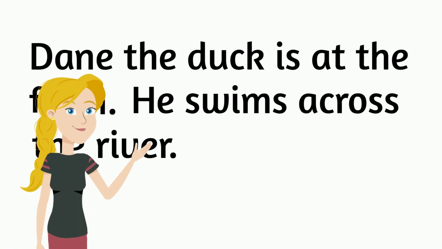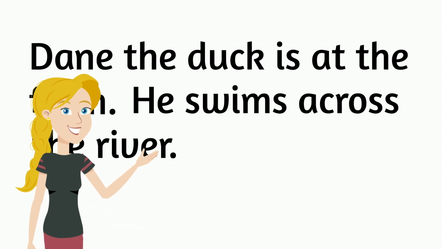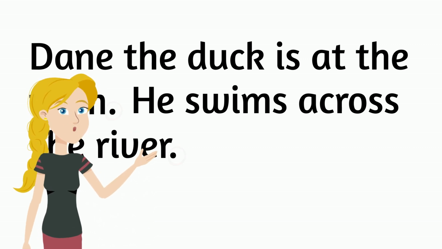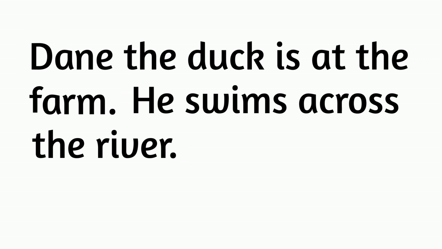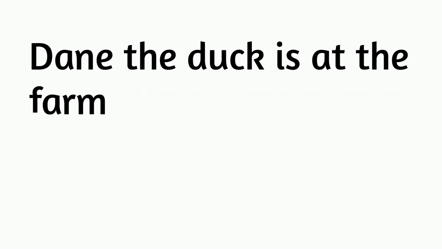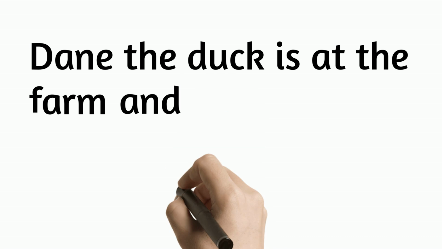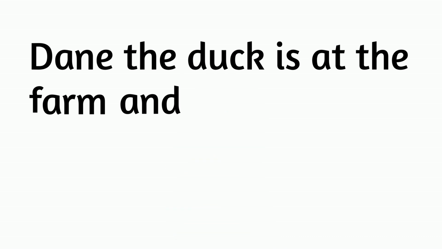A compound sentence is one new sentence. So I shouldn't have two full stops and two capital letters for two sentences. I only need one. So I'll rub out the full stop at the end of my first clause, add the conjunction and, which joins my clauses together, and then I'll write the rest of my sentence, beginning with the word he, and I need to make sure I don't use a capital because this will be the middle of the sentence now.